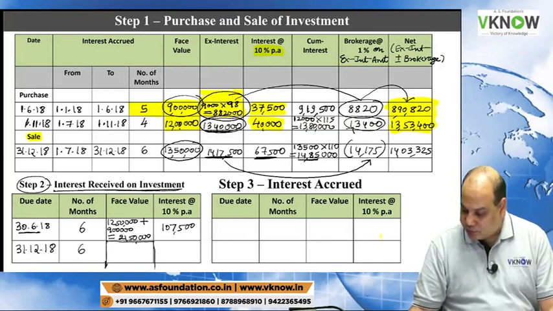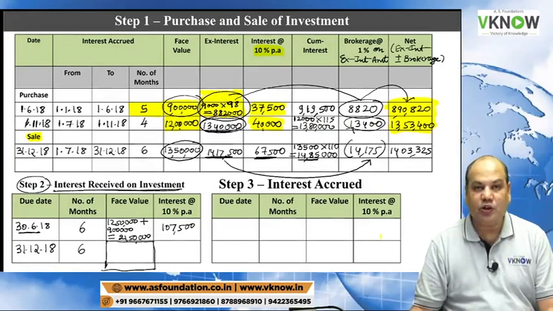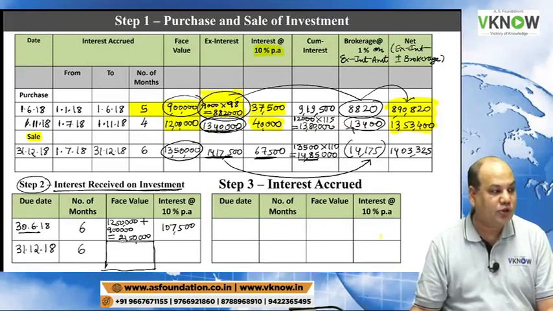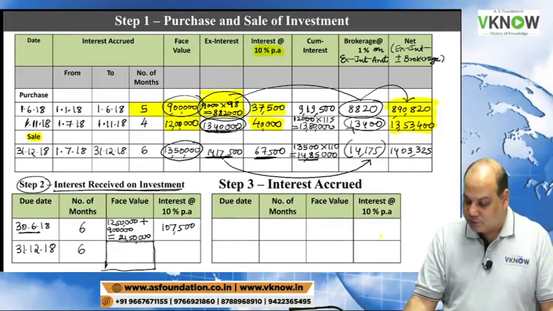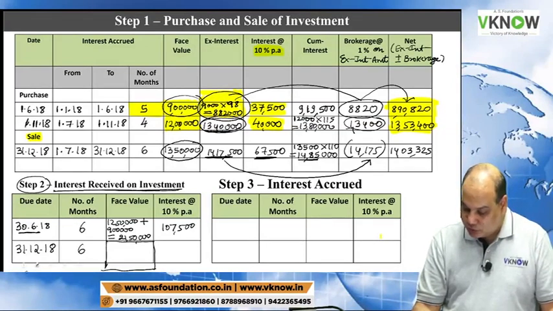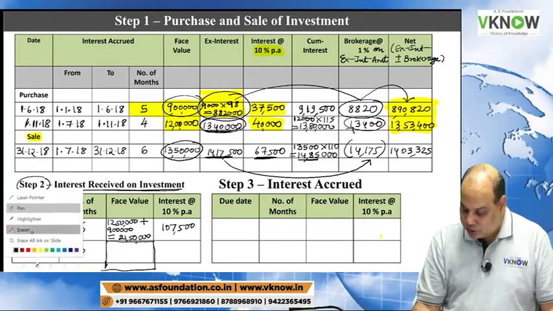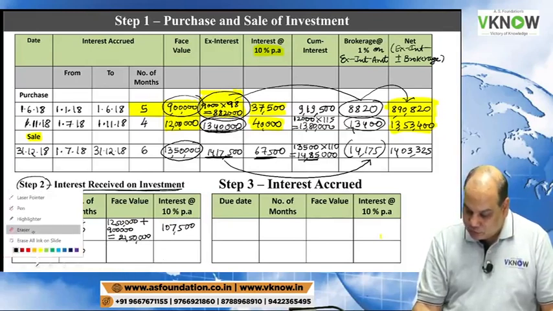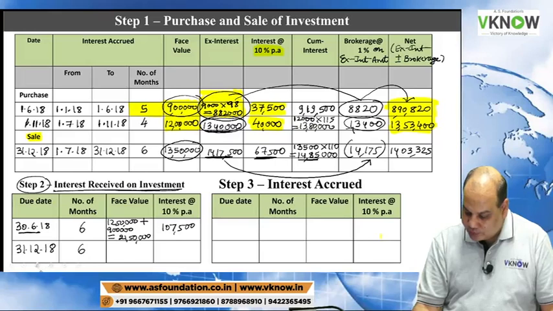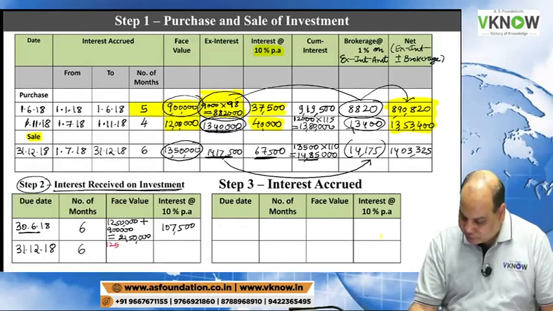What was the face value of the debenture outstanding on 31st December 18? So what I will do, I will write it for you. Opening balance was 12,50,000, plus you purchased 9 lakh, plus you purchased 12 lakh.